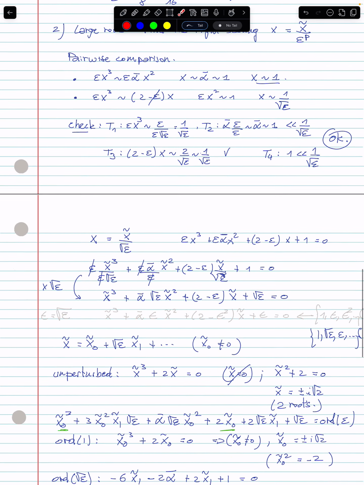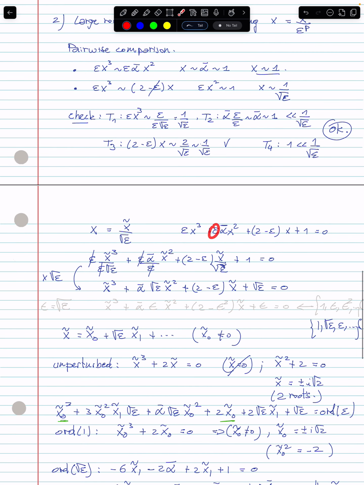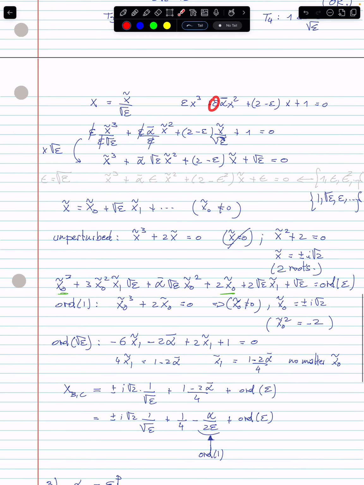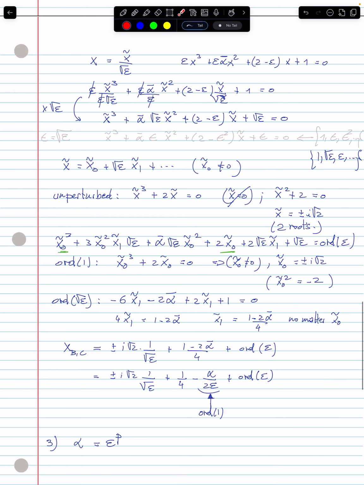And if epsilon has a power that is larger than 1, we just saw that alpha is not playing anywhere in the derivation of the leading order terms, and alpha is just playing in some sort of passive manner. It comes in the equation when we keep going, and so alpha would just disappear from those equations, and what we would obtain is exactly the same, but that term becomes smaller, and it would be just repelled in the following terms.